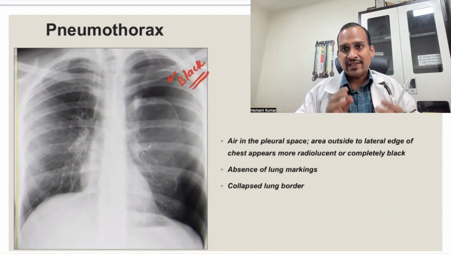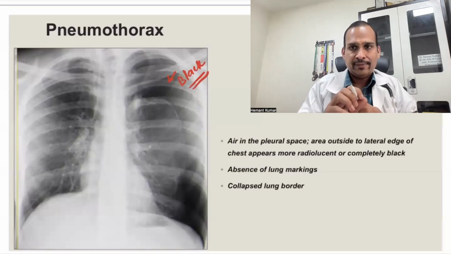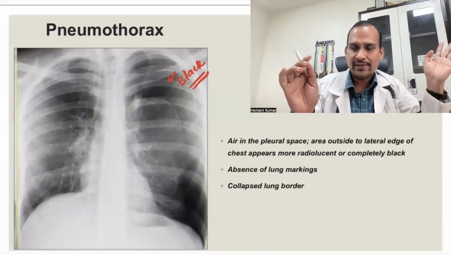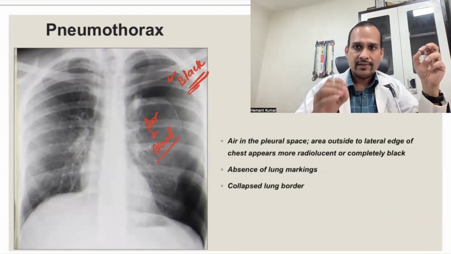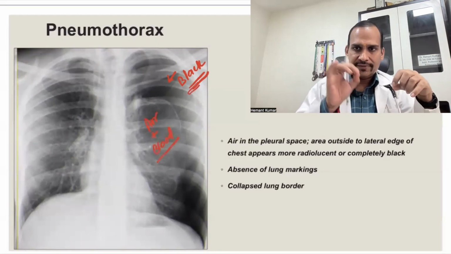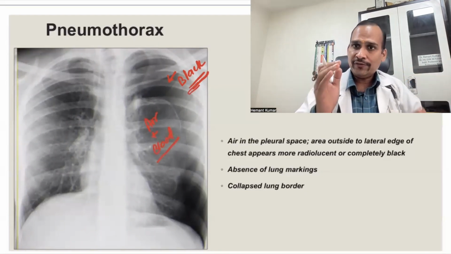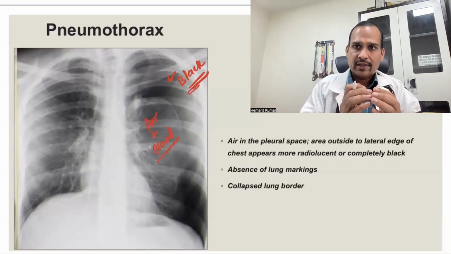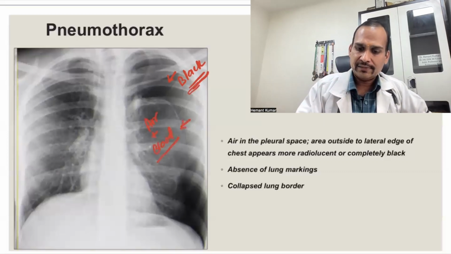Since this is air, there will be no blood vessels, because in the pleural cavity there are no blood vessels. So it is black. Here air is there plus blood vessels, that's why it looks black with some white. Because of pneumothorax, the air will compress the lung, so the lung will collapse.